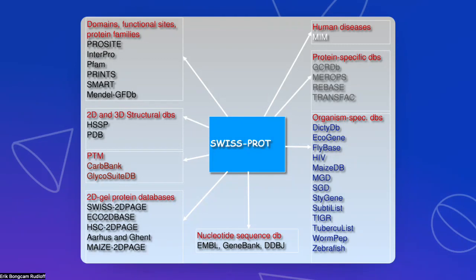There is another one called TRANSFAC. Does anyone know what that is? It should be super important for you if you're going to work as breeders, because in most cases it is not that the genes have mutations that make the plants grow faster or slower or have taste or all that.